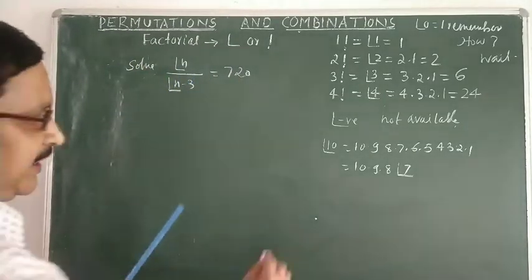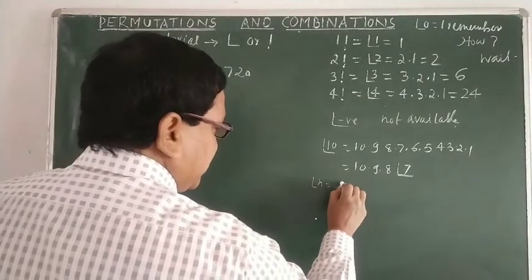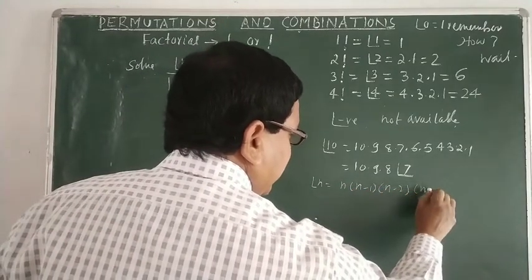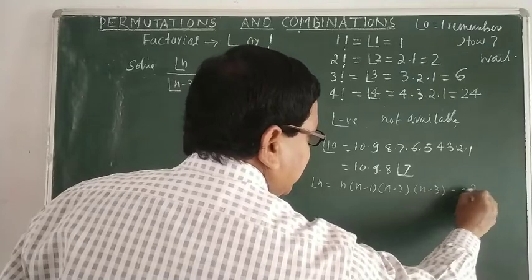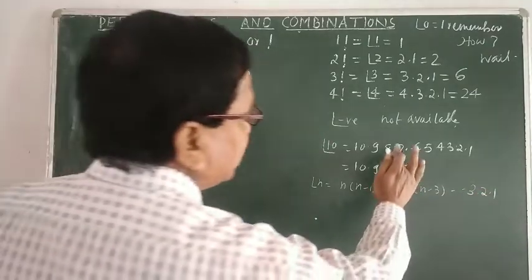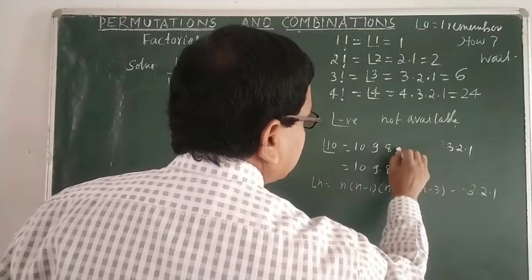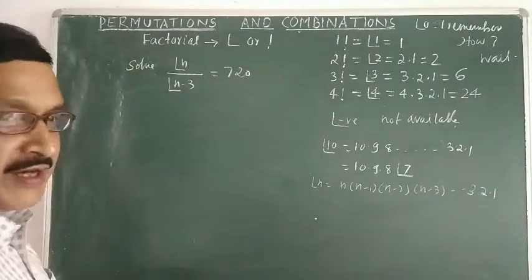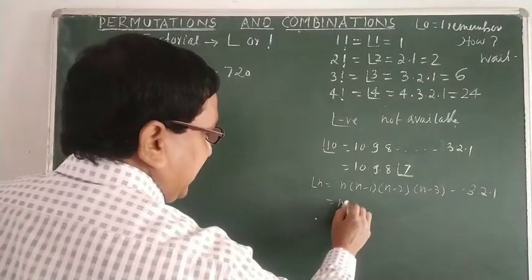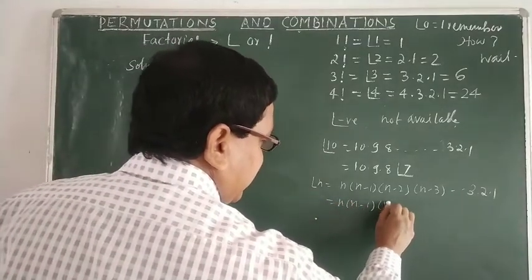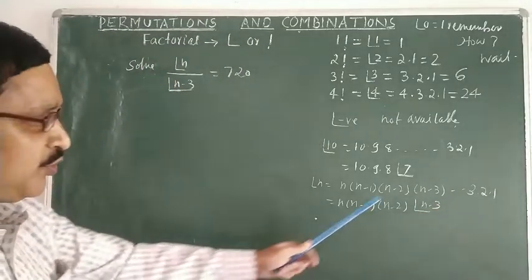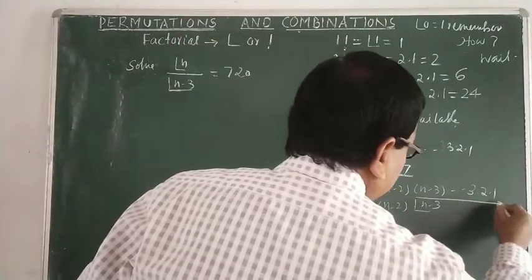Likewise, factorial n is equal to n into n minus 1 into n minus 2 into n minus 3, and lastly 3, 2, 1. The last term will be 3, 2, 1. You may not write the middle terms; you can write dot, dot, dot. If n, n minus 1, n minus 2 are taken outside, n minus 3 is left from this to this.